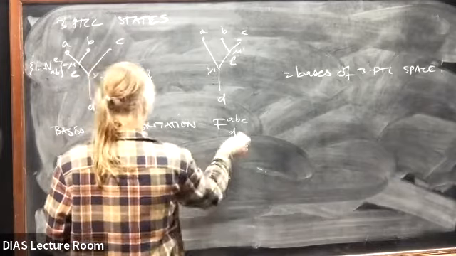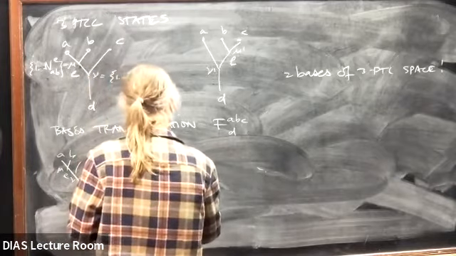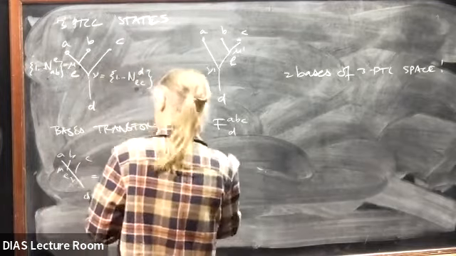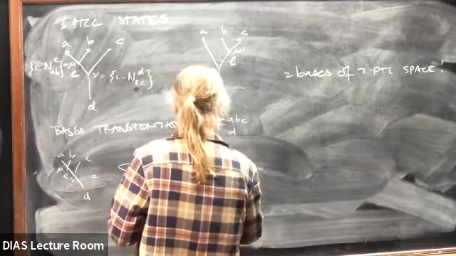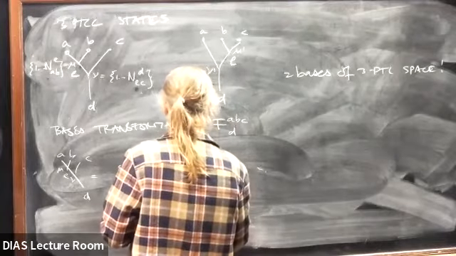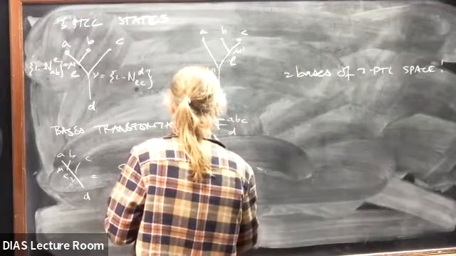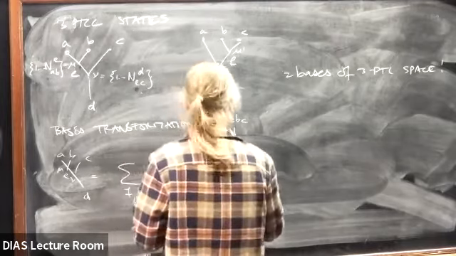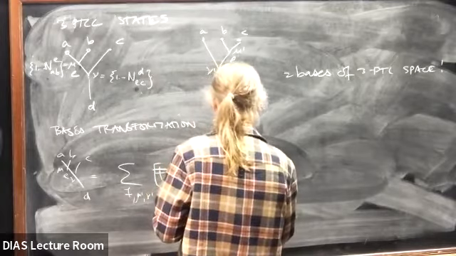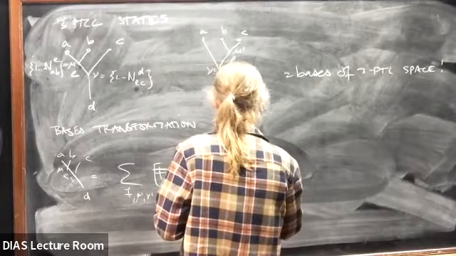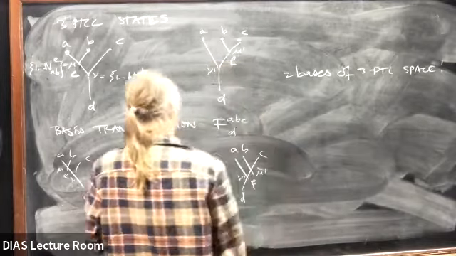And then we write the explicit matrix element of F, A, B, C, D, and then E, S, U prime, times S, U prime, U prime.